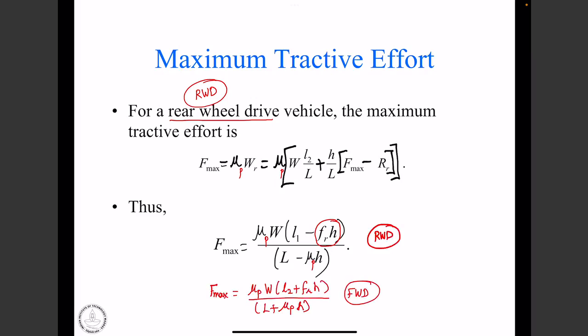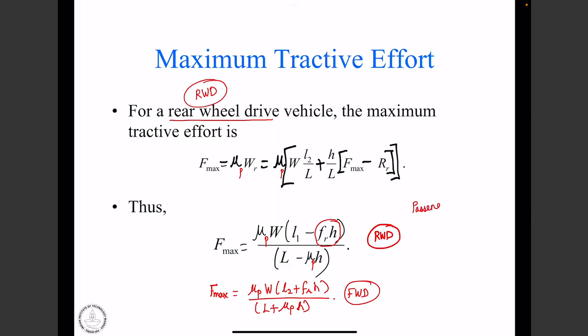So this, in some sense, tries to give us an intuitive understanding of why we use certain drive configurations in certain classes of vehicles. Let us say we consider most passenger cars.